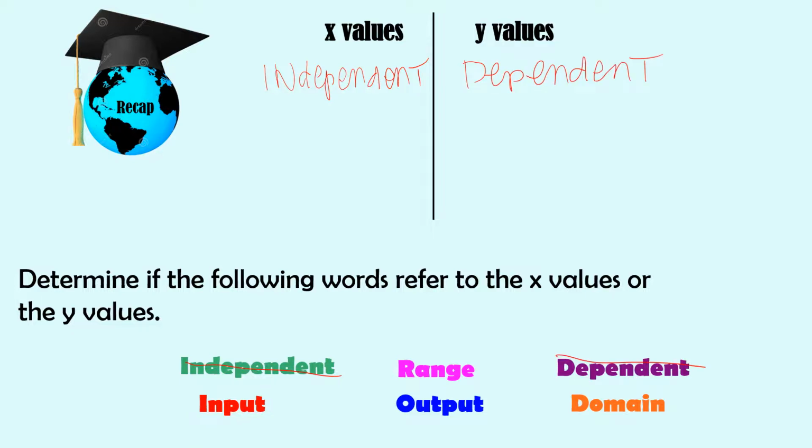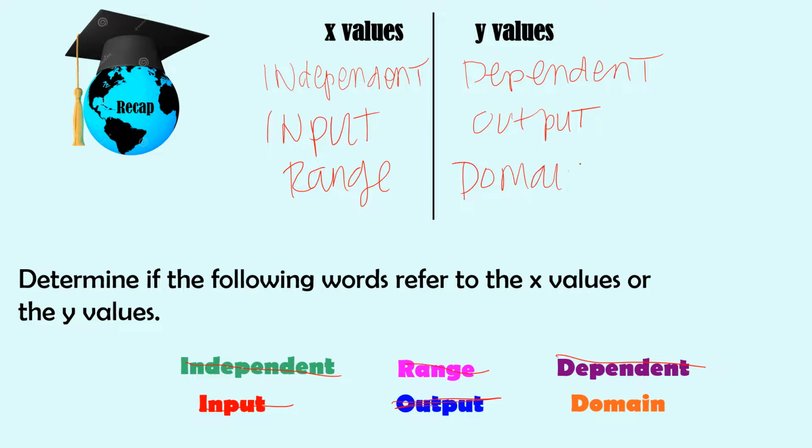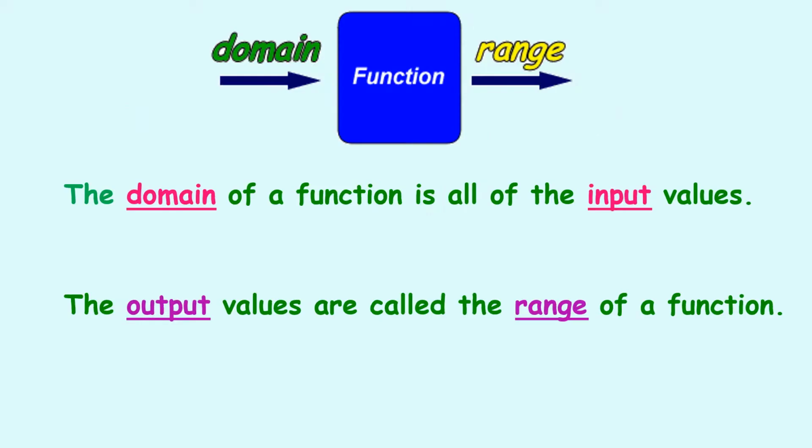Now, as we do, your x values are an input, your y value would be an output. Alright? So therefore, your x values are your domain. Your y values would be the range. Okay? So this is a good list to have in your notes page as a list of words.